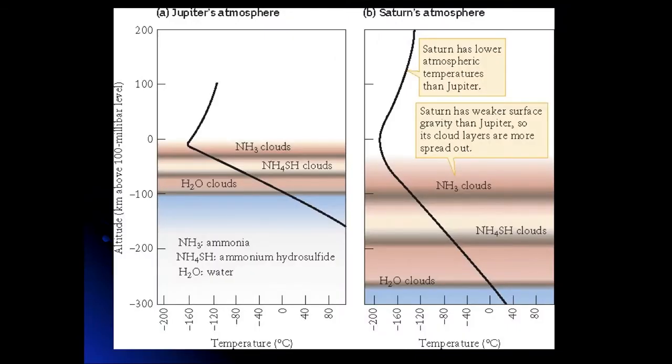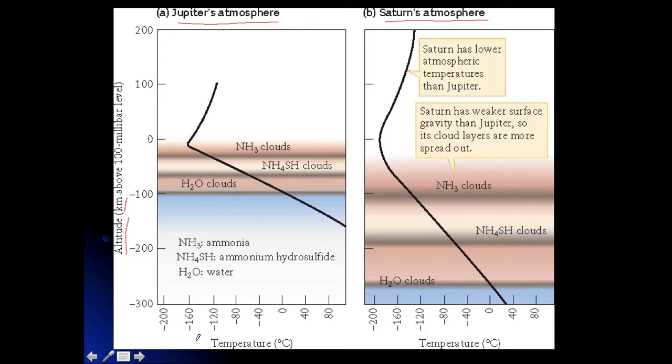If you want to think about the thickness and the composition of the atmosphere, we have Jupiter's atmosphere on the left over here and Saturn's atmosphere on the right. Notice that on your y-axis you have altitude in kilometers above the 100 millibar level, where the density is so high.